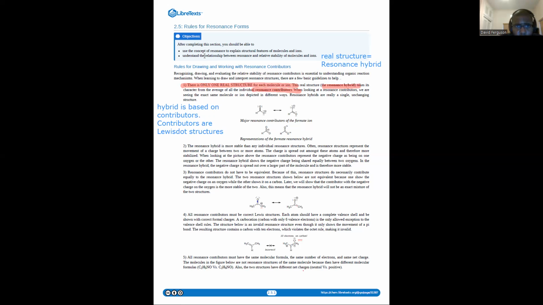It says the resonance hybrid is more stable than any individual resonance structure. So that's another idea: the resonance hybrid is more stable than any individual resonance structure.